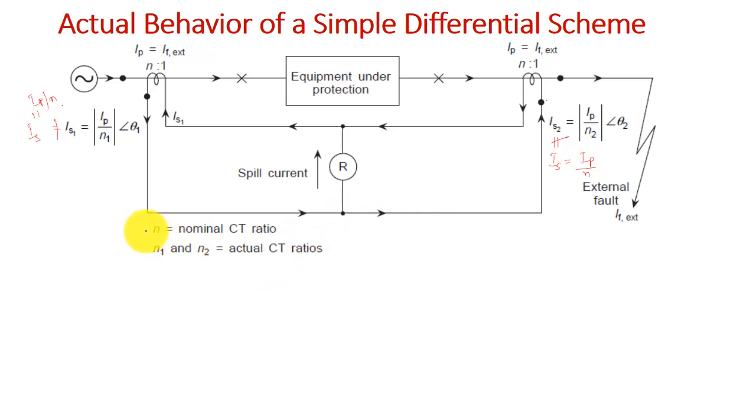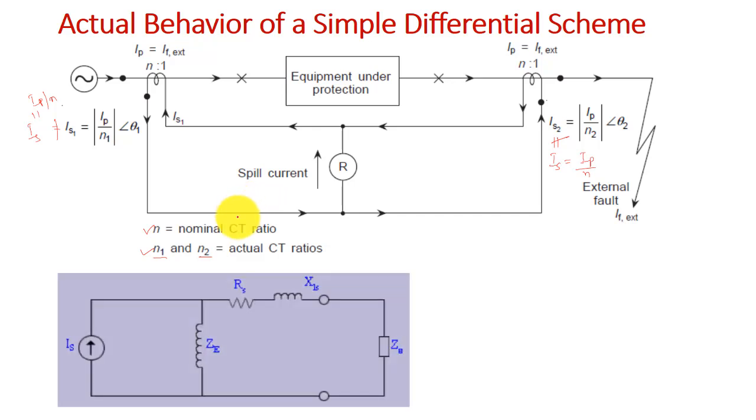So therefore we consider N as the nominal CT ratio, and N1 and N2 as the actual CT ratios, considering the phase and ratio error. We already discussed this in your lectures related to CT, with this equivalent circuit. Let us talk about it again.